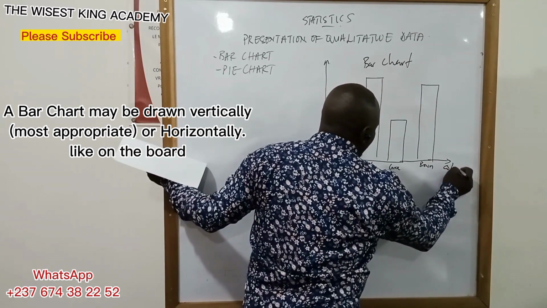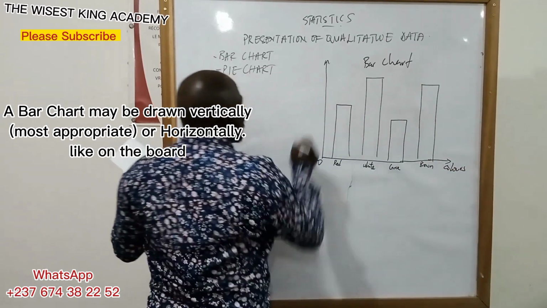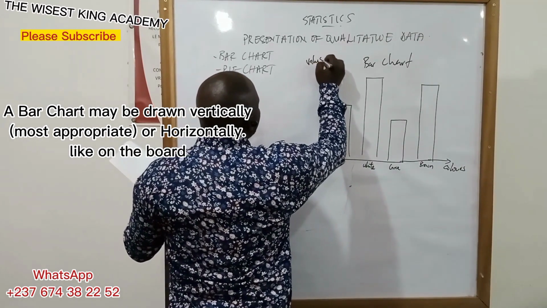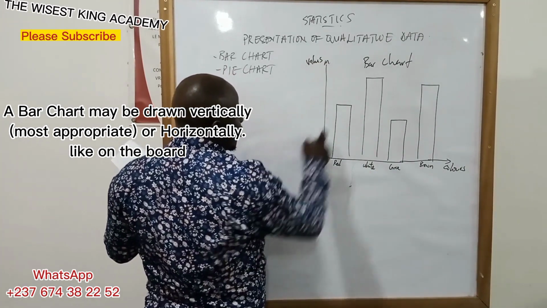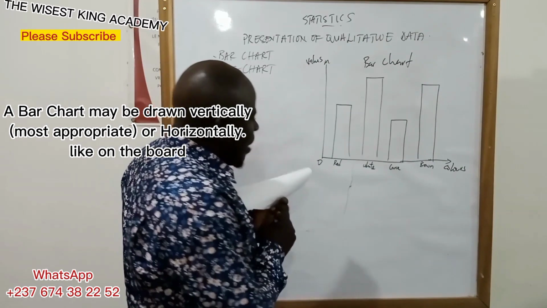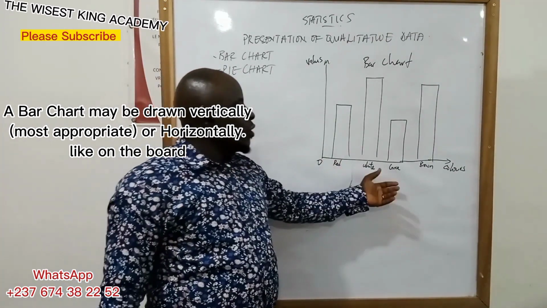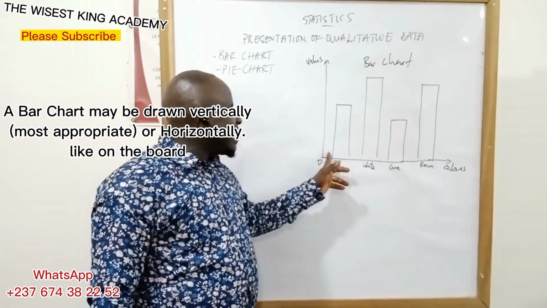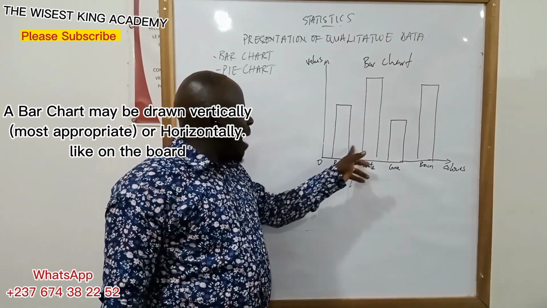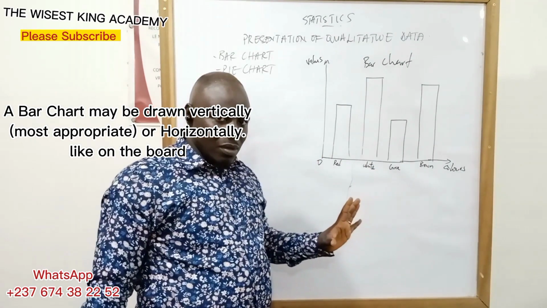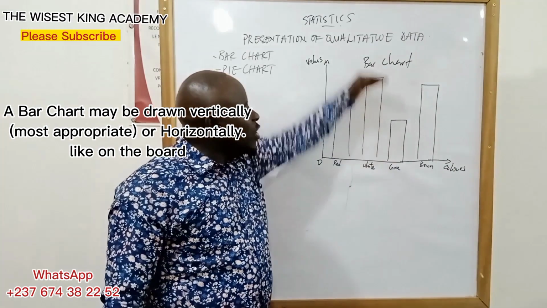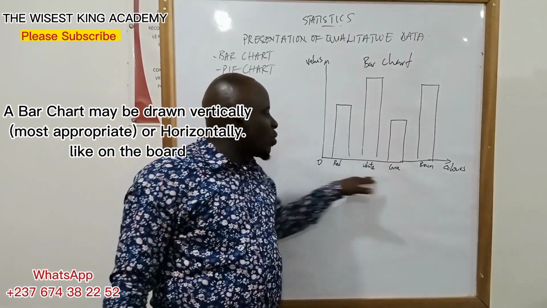So these are colors. Now, these will actually be their values. So the value spent on each type of paint. So you can see the distance separating two bars is equal. The height of each bar represents a particular item.